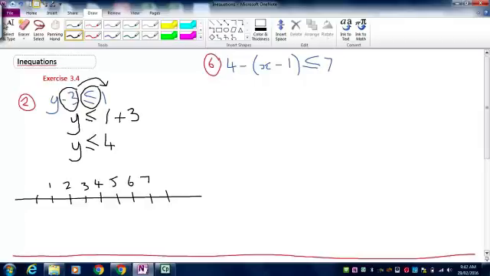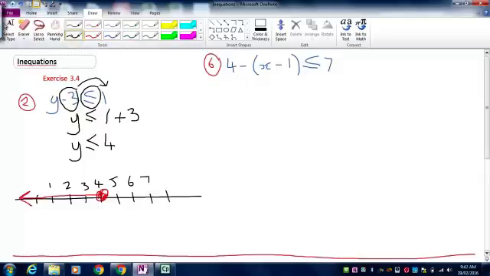It tells me that my values of y are either 4, so it includes 4, so I colour that in, or less than 4, so that's in this direction here. We put an arrow pointing in that direction. So that's our solution both algebraically and on the number line.